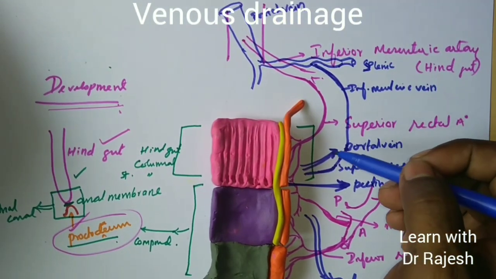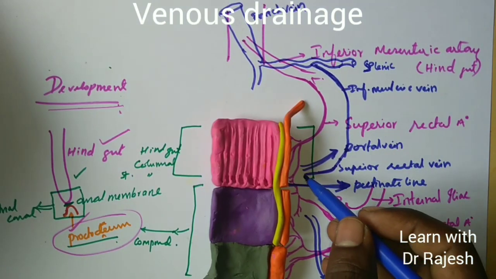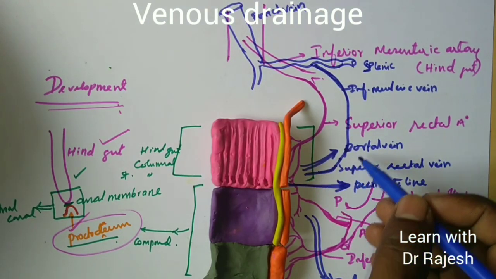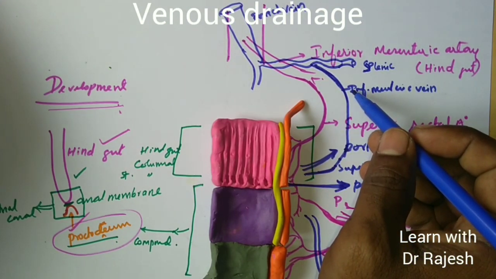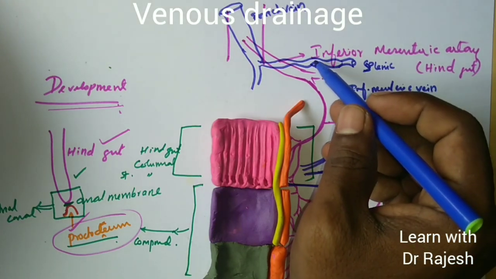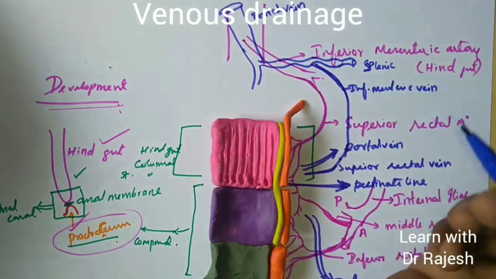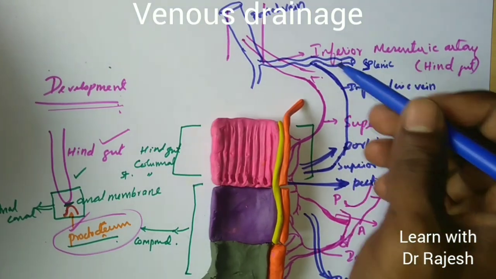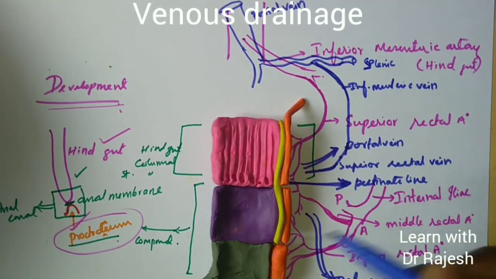Thus it reaches the portal vein. So the plexus drains into the superior rectal vein, which drains into the inferior mesenteric vein, which drains into the splenic vein to reach the portal vein. This is the venous drainage of the part above the pectinate line.